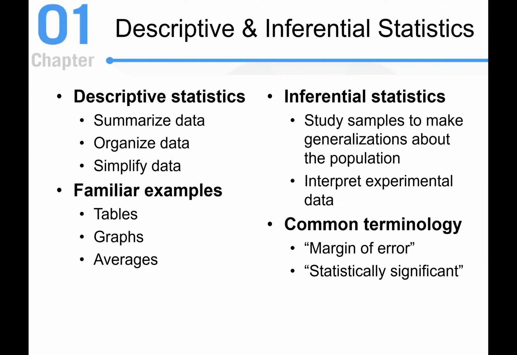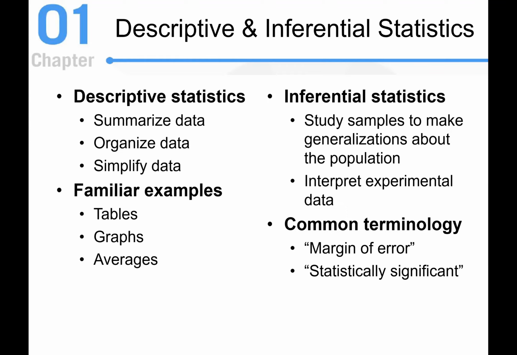All right, so that's descriptive statistics. And descriptive statistics are fairly easy to do. A lot of descriptive statistics are things that you know about already because you've come across them in grade school. Things such as the mean, the median, the mode, bar graphs, things of that nature.